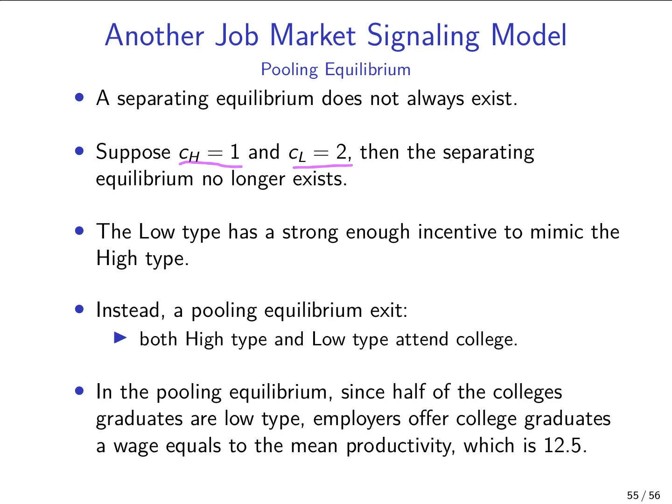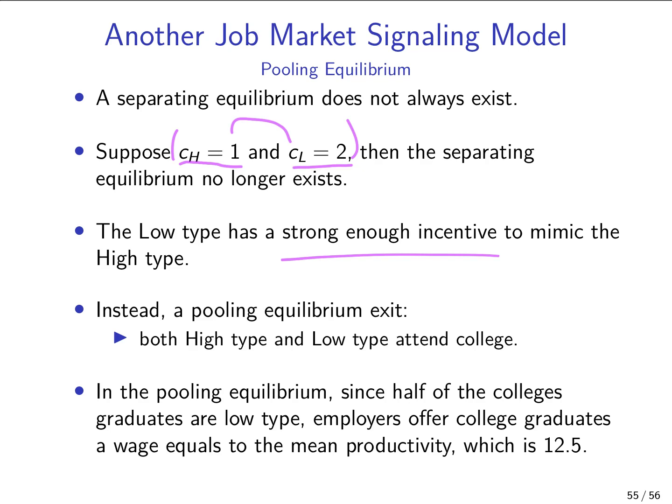That would happen in a case like this one, where the cost difference between these two is relatively small, and so the low type will have a strong incentive to pretend to be the high type. And so we might have a pooling equilibrium instead, where both high type and low type attend college.